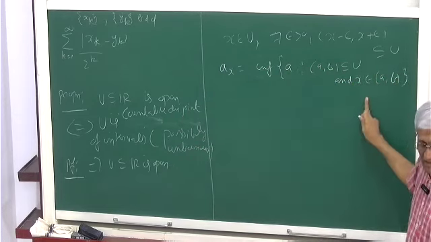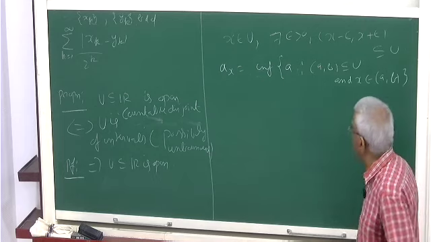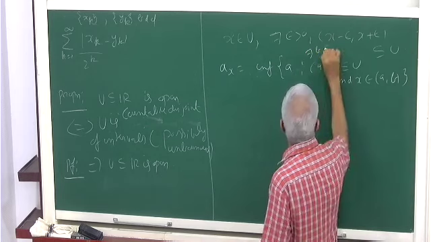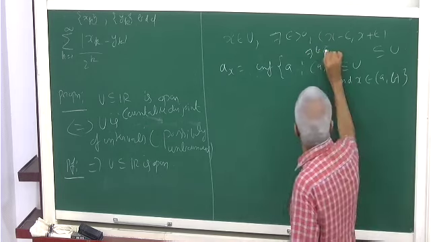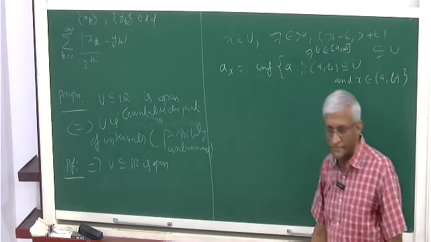This set is not empty because (x minus epsilon, x plus epsilon) is there, and you can take the infimum of all those A's. This I define to be Ax for any given x. Similarly, there exists B, and B can be infinity.